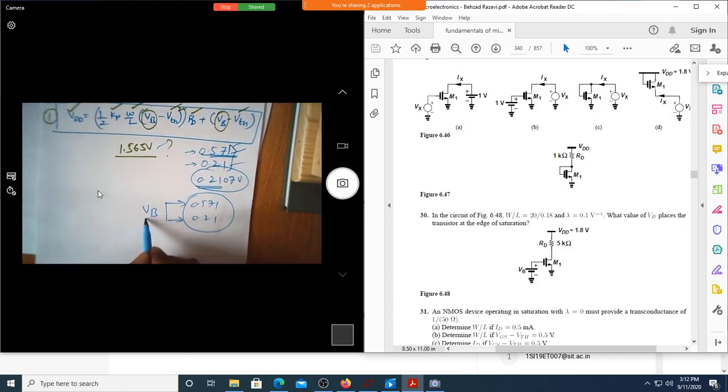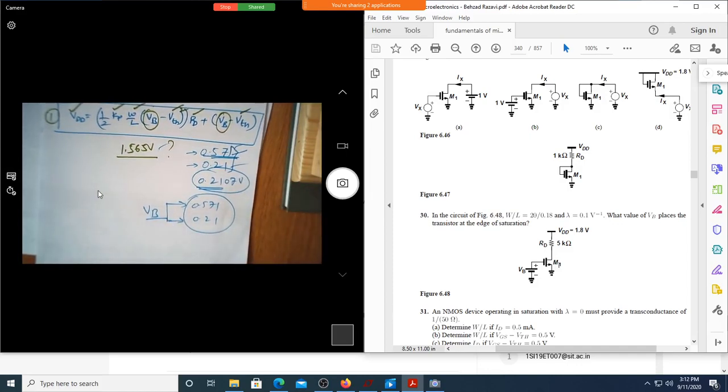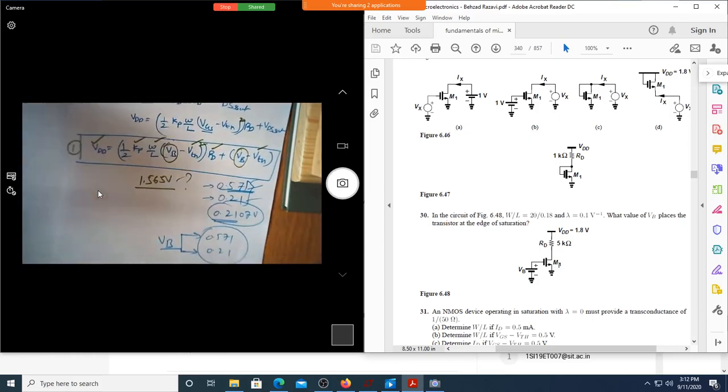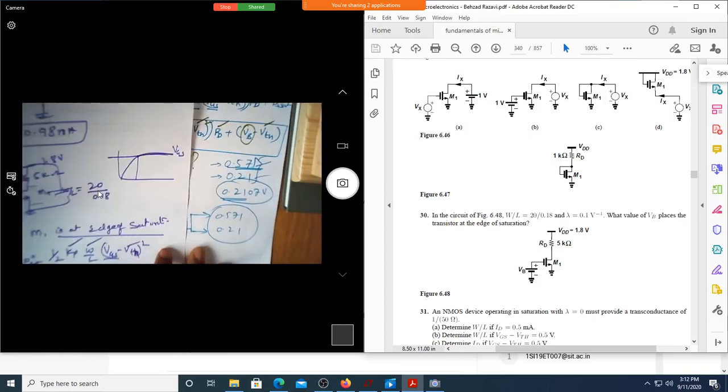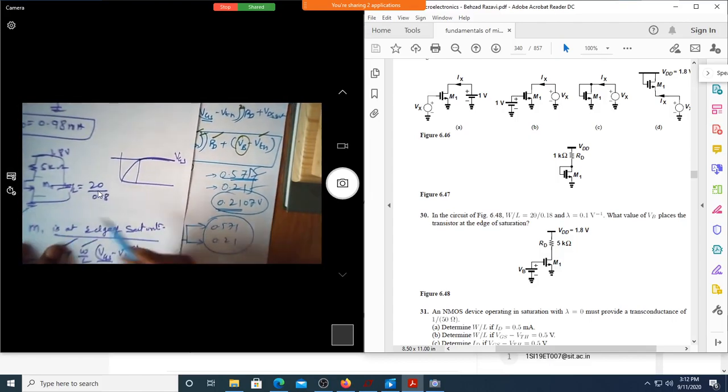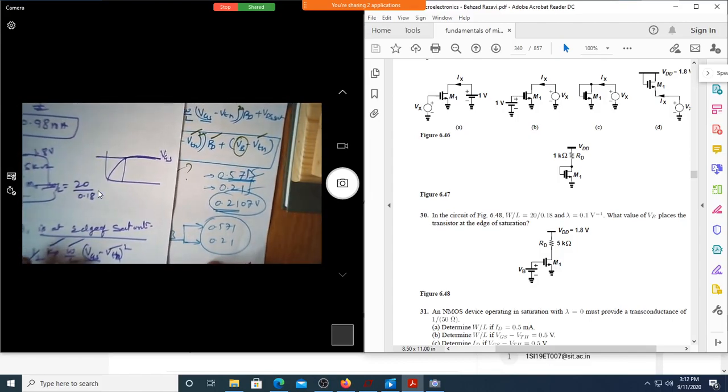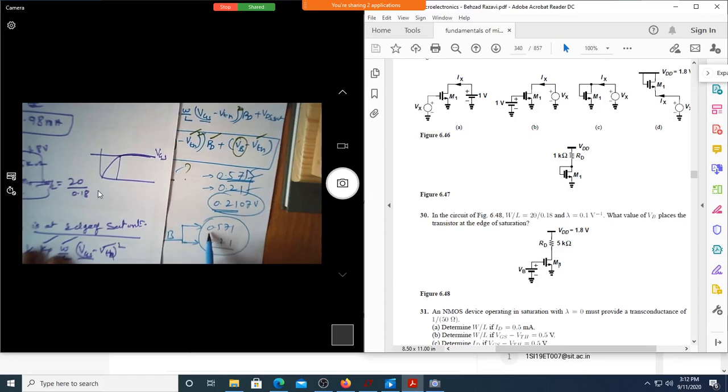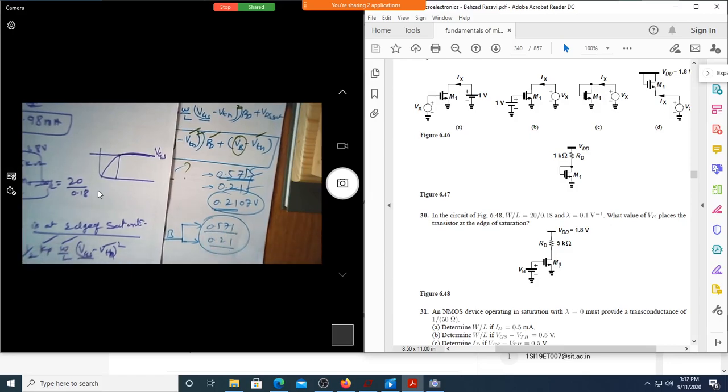Now out of this, which one is valid? Because only one is valid, both cannot be valid. Which one is valid for this particular circuit? Which value of VB is suitable? Shall I go with 0.21 or shall I go with 0.571? 0.571.